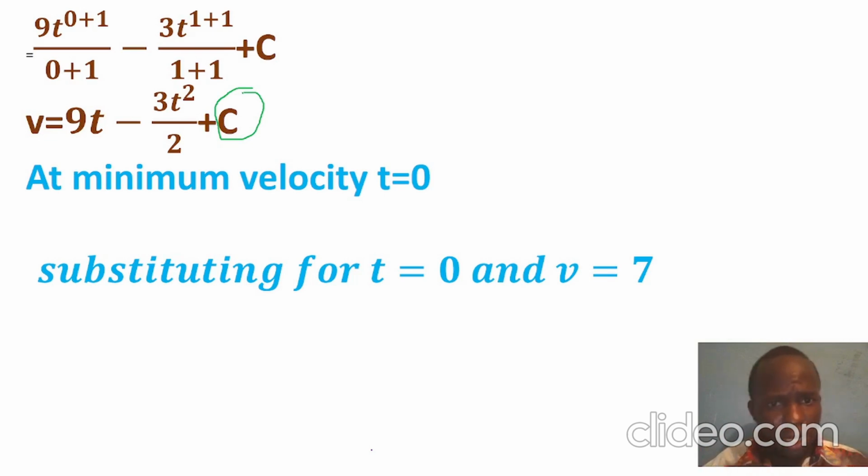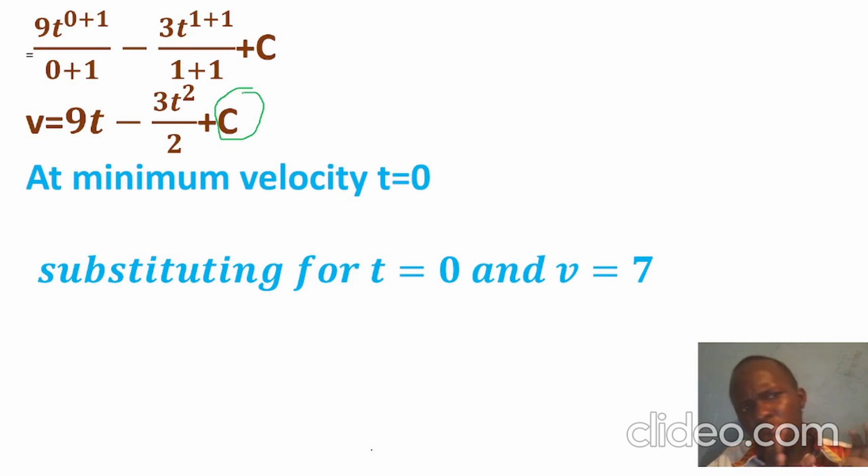We have already been given the initial conditions: the value of t is 0 and the initial velocity v is 7 meters per second.